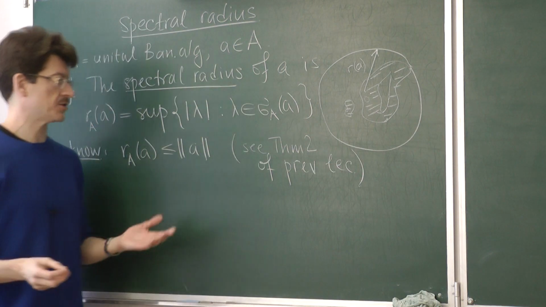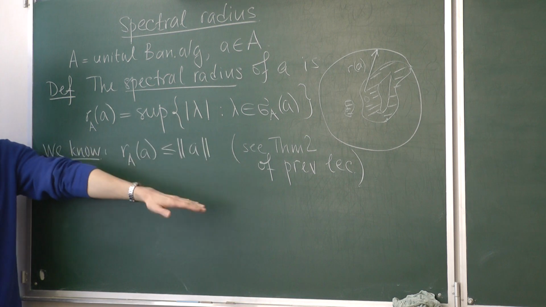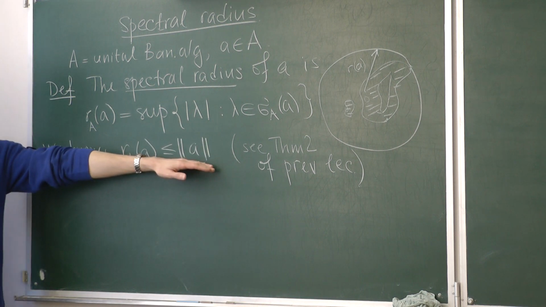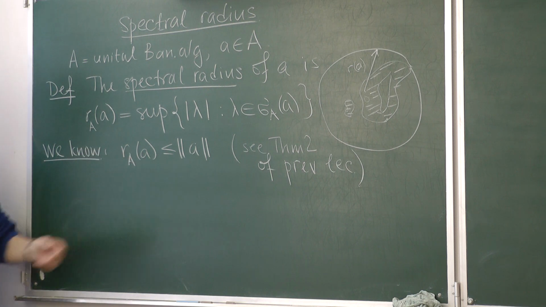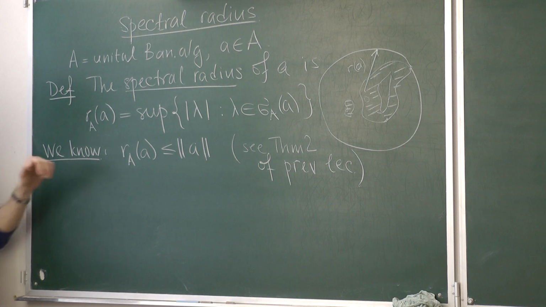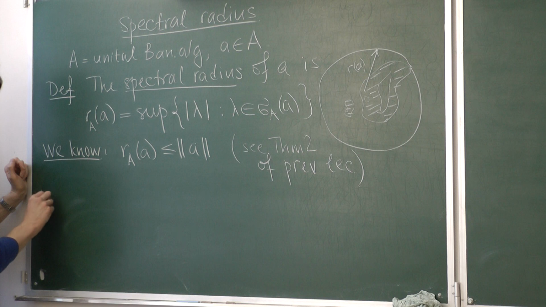Essentially, we proved that for each lambda in the spectrum, the modulus of lambda is less than or equal to the norm. And so when we take the supremum, we see that the spectral radius is less than or equal to the norm. In some cases, this is an equality. Here are some examples.